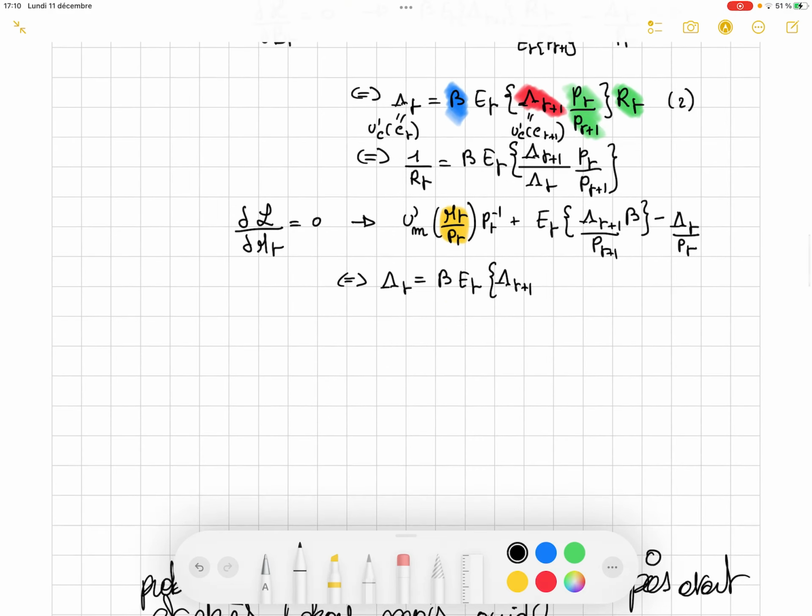Then if we continue and multiply everything by P_t, we multiply this by P_t divided by P_t plus 1. So that's the inflation rate, plus the marginal utility of consumption.